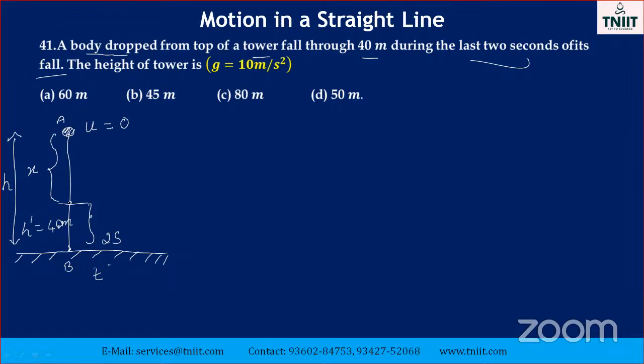What is the total time taken from A to C then? The time taken from A to C must be t minus 2 seconds, no? Why t minus 2 seconds? Because in the last 2 seconds, they have traveled a distance of how much? 40 meter.